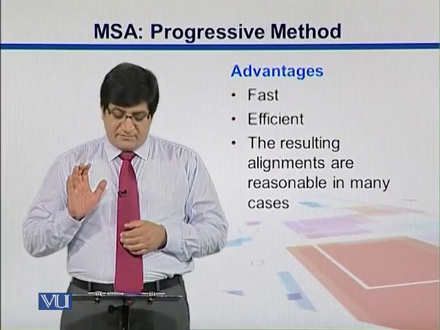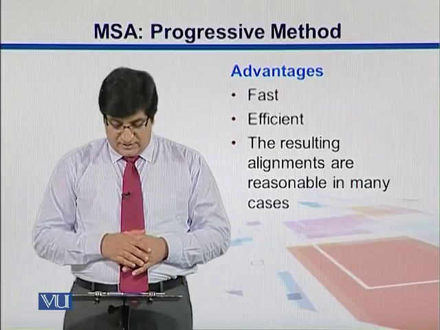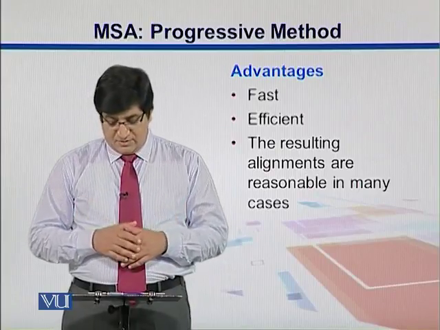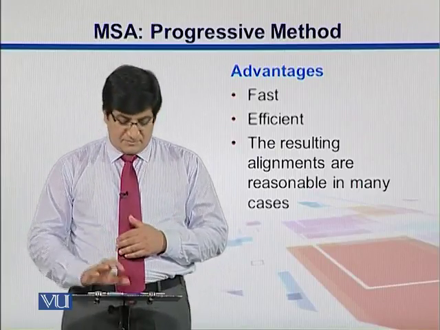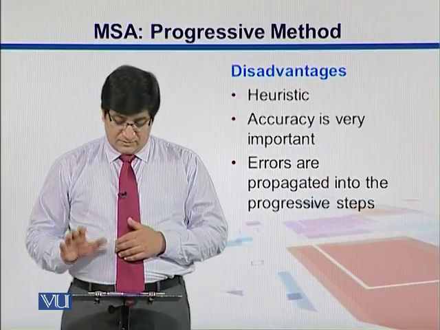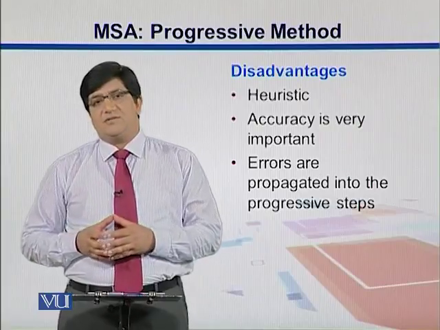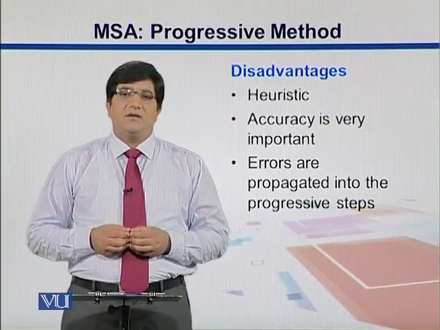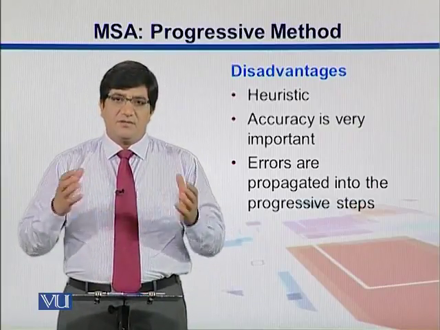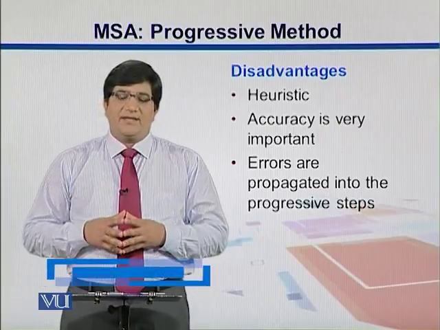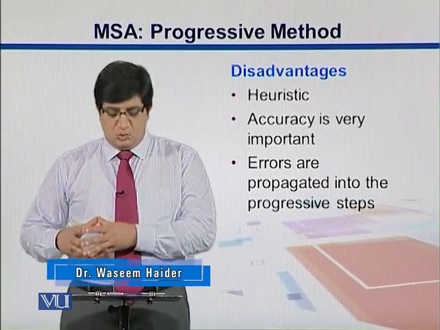This method is fast, efficient, and the alignments are reasonable. In many cases they are acceptable, but the disadvantage is that these are not exact or optimal solutions. They are heuristic solutions, which are quick and fast but may not be exact, may not be entirely true.